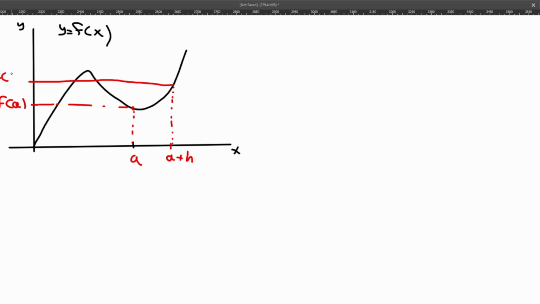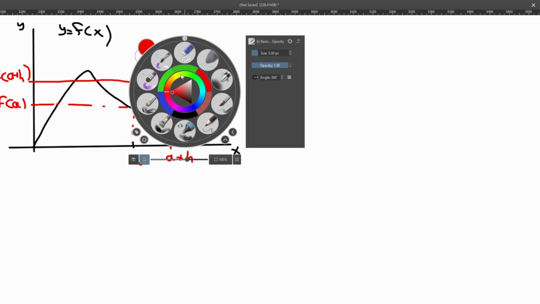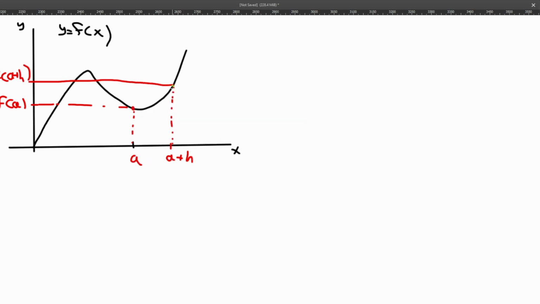Now, as h approaches 0, we have seen that the slope of the line that goes through these 2 points is going to approach the rate of change at point a.